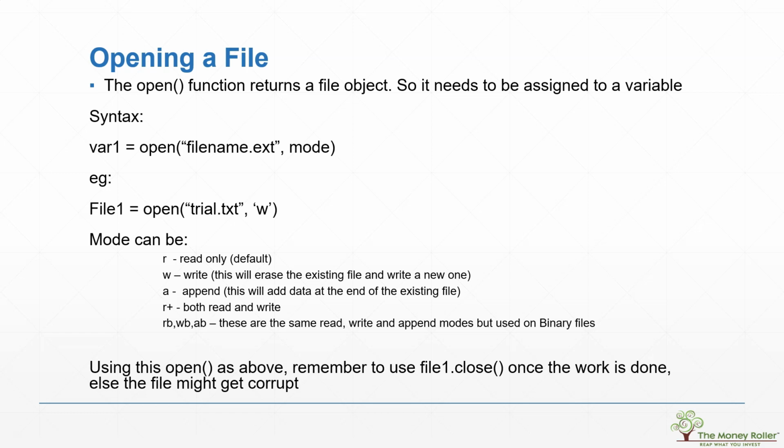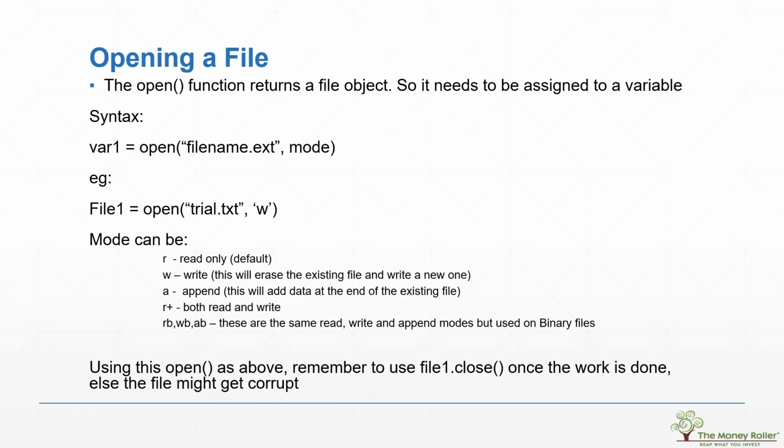So we can create a variable called file1. File1 is equal to open trial.txt, which is whatever your file name. Now if that file is in the same folder as the folder in which your Python program is saved, then you don't need to add the location of the file because it's in the same folder.